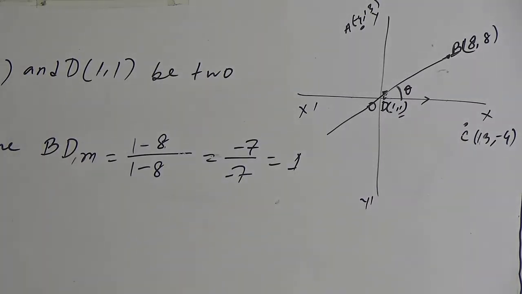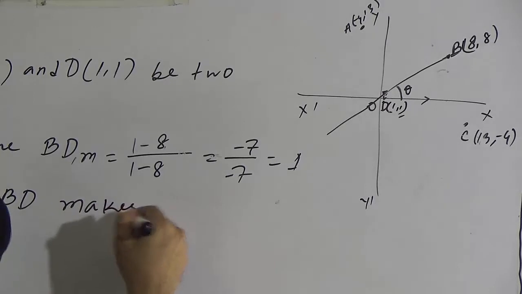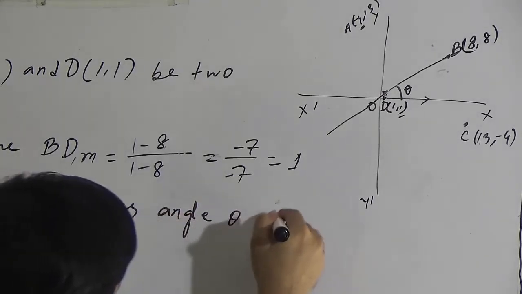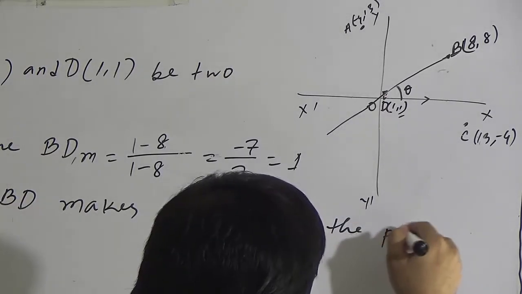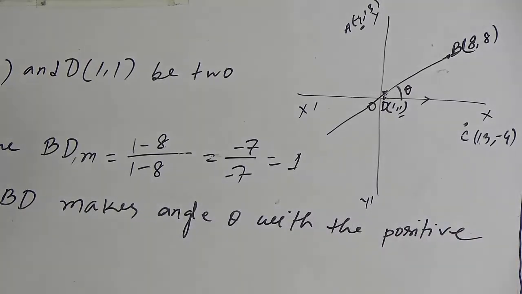So we can say let the line BD makes angle theta with the positive direction of x-axis.